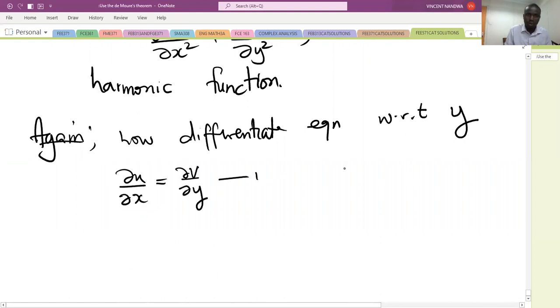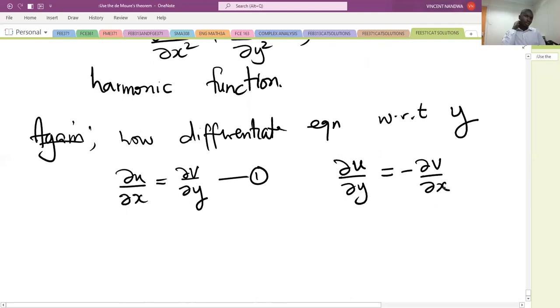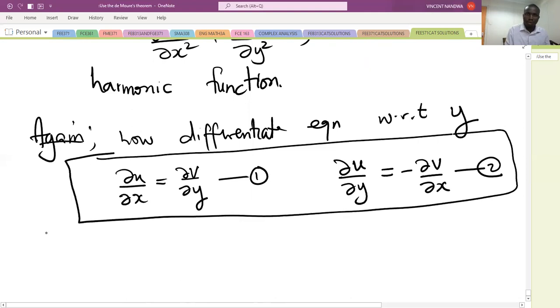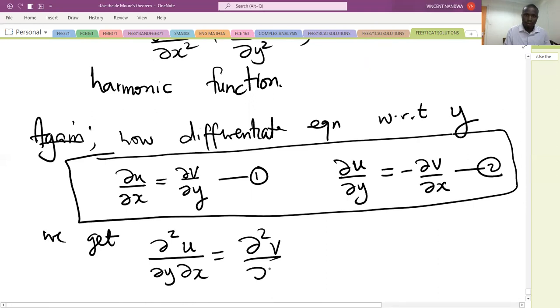So this is what we are calling equation 1, and partial u partial y is negative partial v partial x. So I'm saying that we differentiate this with respect to y. So we get partial squared u partial y partial x equals partial squared v partial y squared. Let's call this one equation 5.